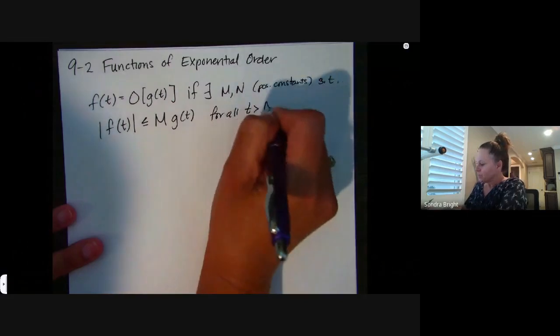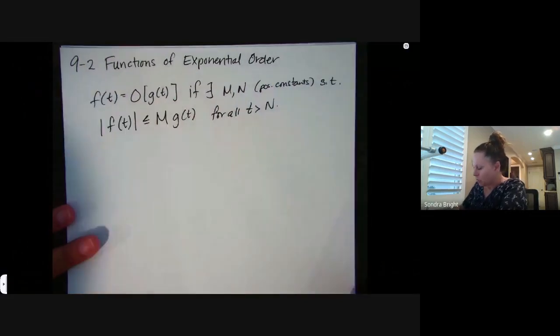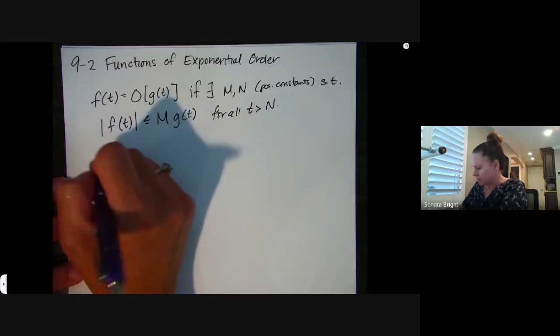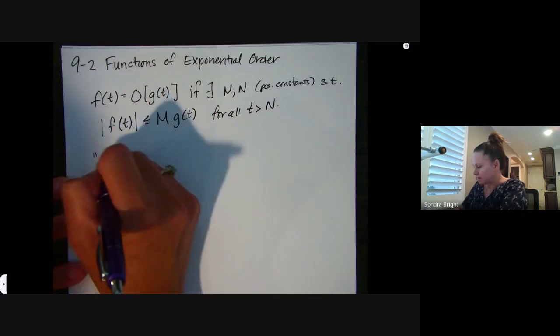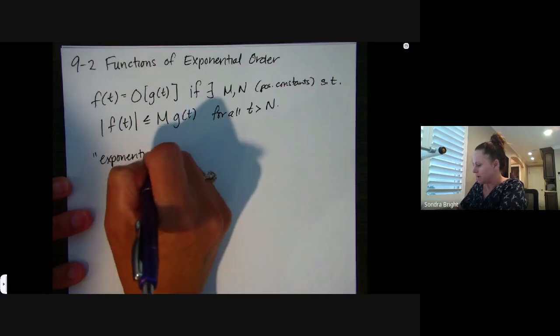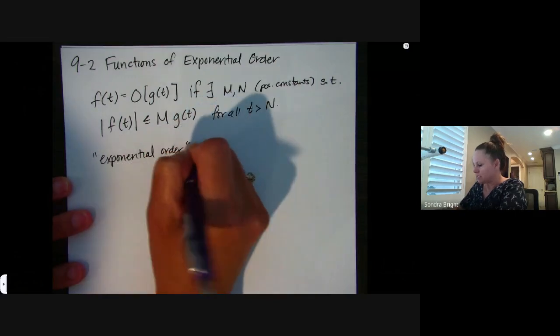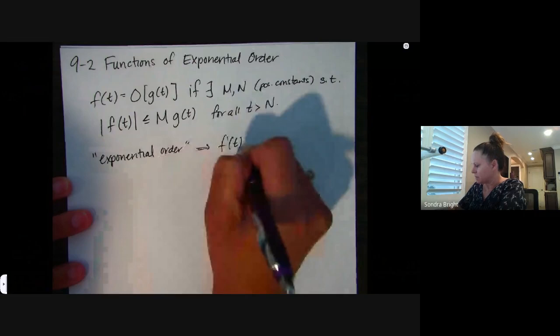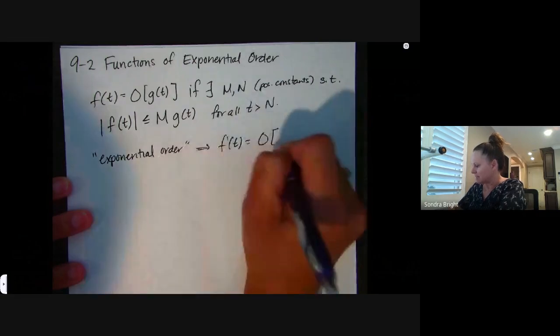And we say it's of exponential order if f of t is of the order of e to the at for some constant a.